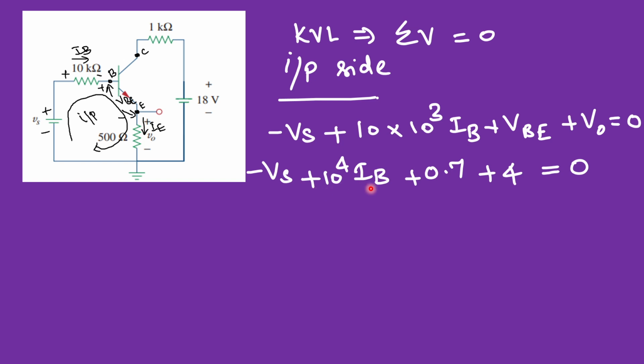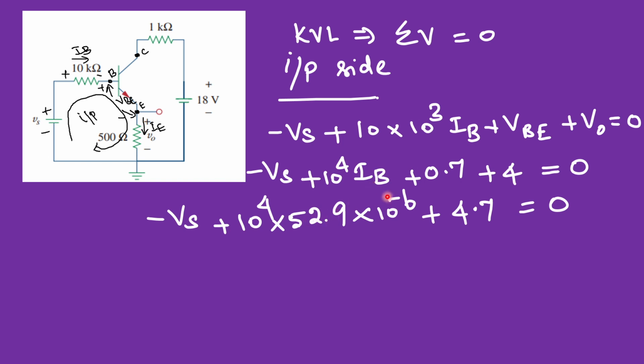And in this, we know the value of this VBE, that is 0.7, and also V naught is 4, which is given in the problem. And IB is also we have calculated, so it can also be substituted. So it is minus Vs plus 10 power 4, 10 power 4 is this one, right? So 10 power 4 into this IB already we have calculated as 52.9 microamps. So it is 10 power minus 6 instead of microamps, plus this 4.7, that is equal to 0. So we have only one unknown parameter.